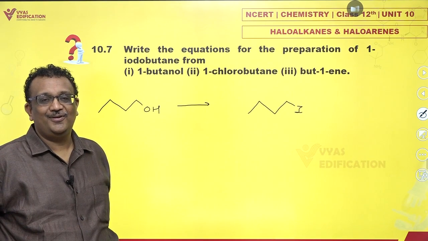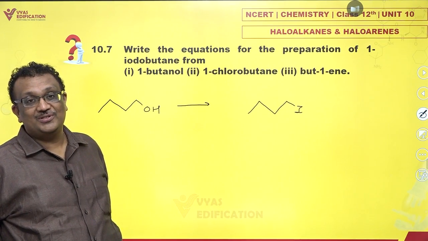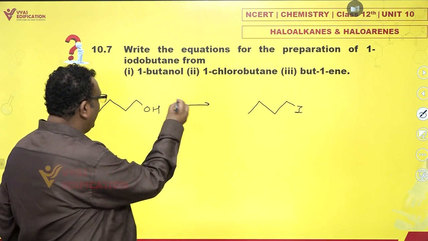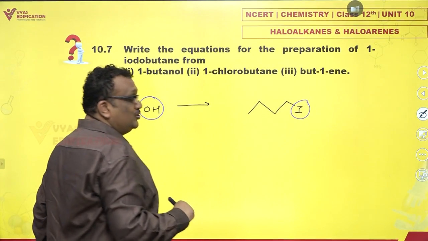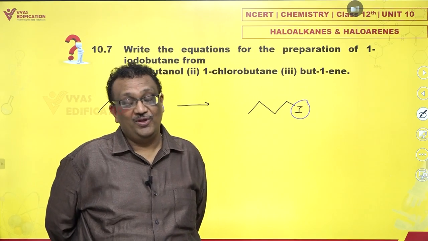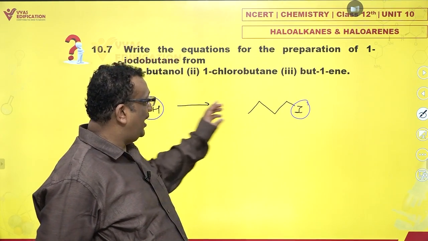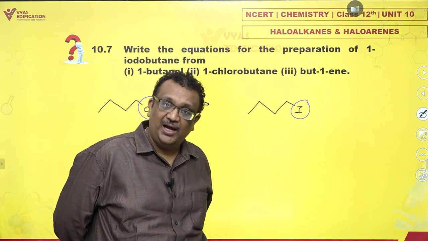Well, let's take a look. Now when you look at question number 1, there are two very interesting routes. See, first of all, notice what exactly is happening. You are substituting OH by I. So it has to be a substitution, right? Not just that, I would be available as I minus.